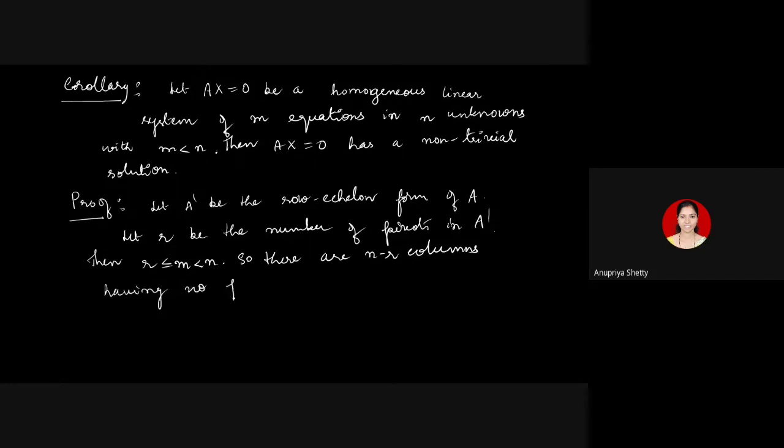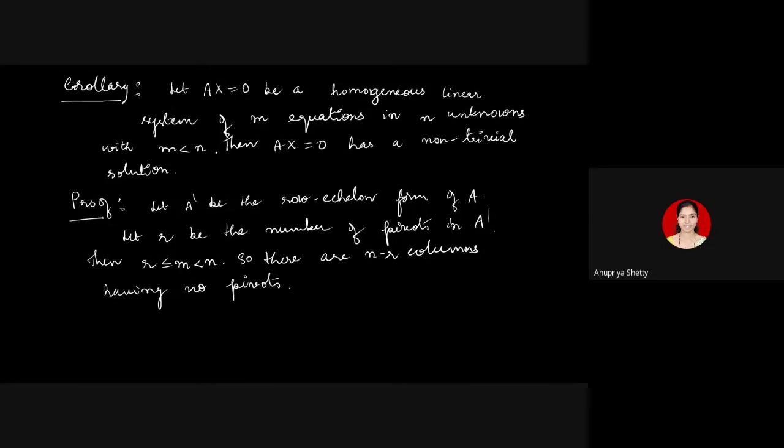Okay, there are precisely N minus R columns which don't have pivots in them. Now, if you use the procedure given in the previous proposition, whenever there is a column having no pivot, you give an arbitrary value to the corresponding variable. Say if the fourth and the fifth columns don't have a pivot, for the variables x4 and x5 you will be giving an arbitrary value and solve for the remaining variables.